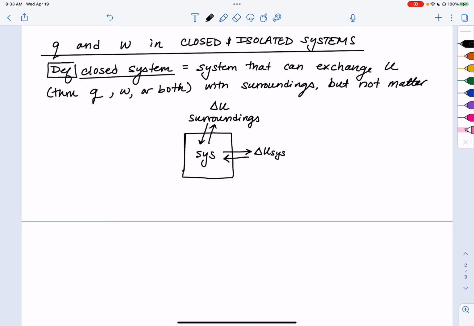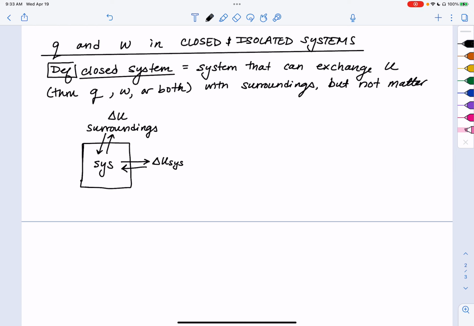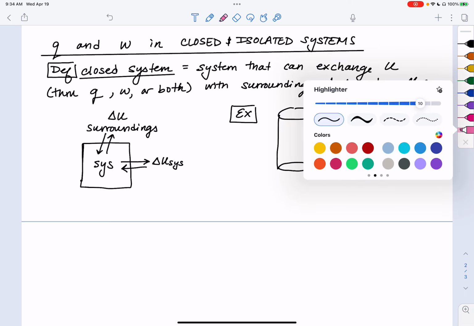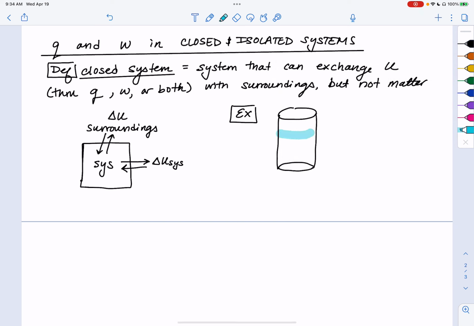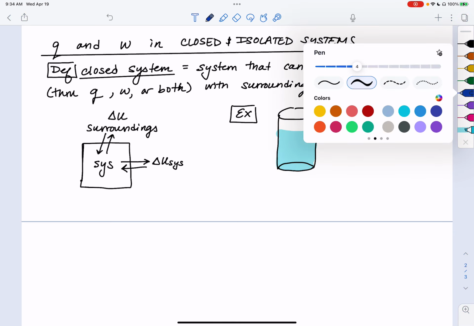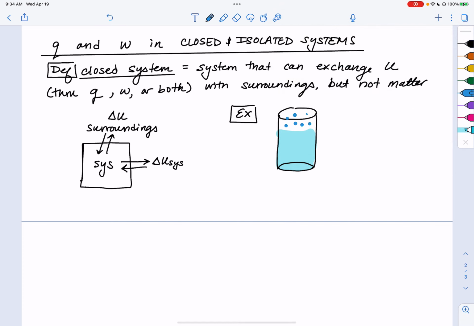So for example, if I had something like, let's say, a sealed glass cylinder that contained some DI water, and as we'll talk about when we get to our gas laws and gas behavior, but you've probably already seen this just from living in the world, some water vapor particles.